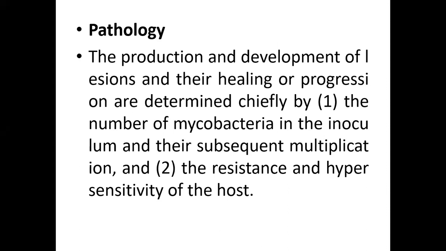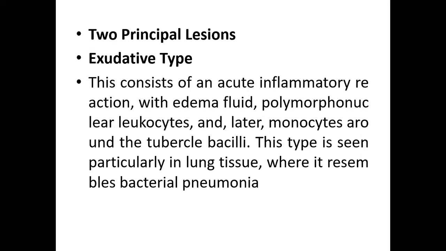Pathology: the production and development of lesions and their healing or progression are determined chiefly by the number of mycobacteria in the inoculum and their subsequent multiplication, and the resistance and hypersensitivity of the host. These are very important factors, and the most important is the resistance or immunity of the host against bacteria.